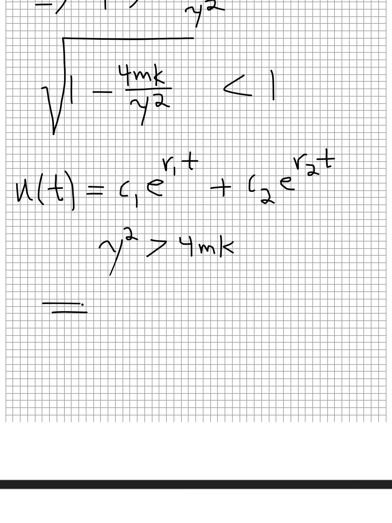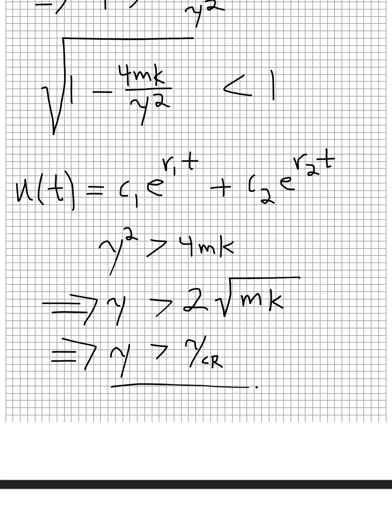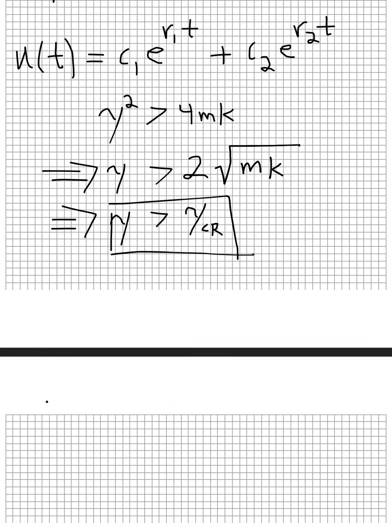So this implies that gamma is greater than 2 times the square root of m times k. Okay, so this implies that gamma will be bigger than gamma CR. Okay, and again, when this occurs, this is called overdamping.